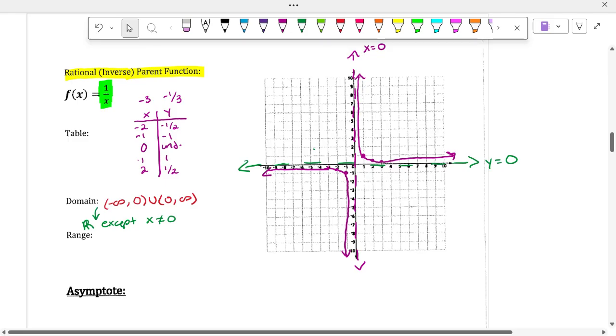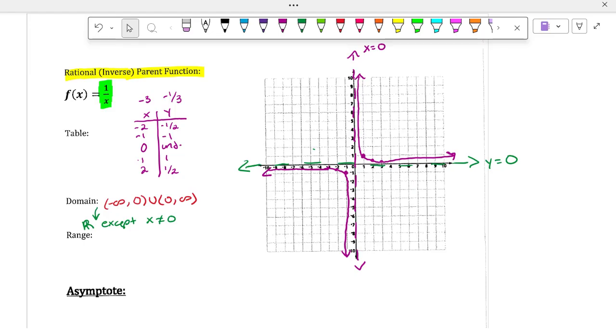So what do you think my range would be? What's the only value in the range that it can't be? All real numbers except 0. So since y cannot equal 0, it's all real except y cannot equal 0, that means we would write it the exact same way we did the domain.